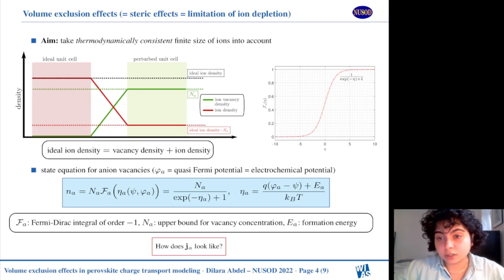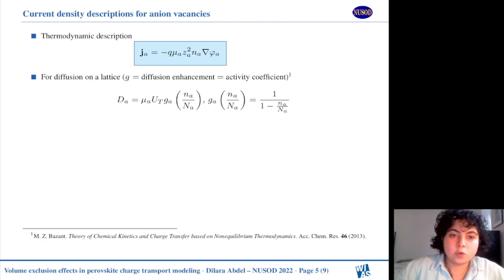Now, with this knowledge, we can discuss proper current density descriptions. We know that the current density of a charge carrier is proportional to its thermodynamic driving force, which is in this case the negative gradient of the quasi-Fermi potential. Also, for diffusion on a lattice, the generalized Einstein relation is true.